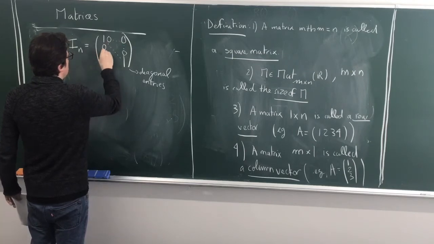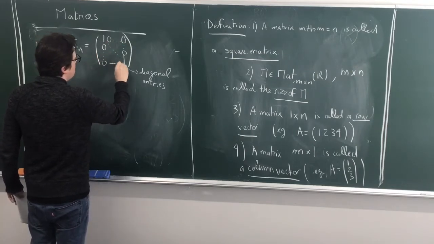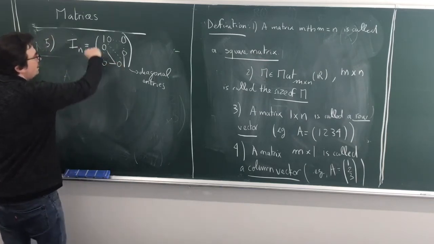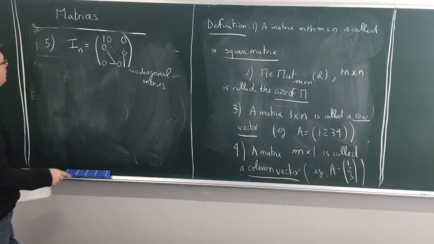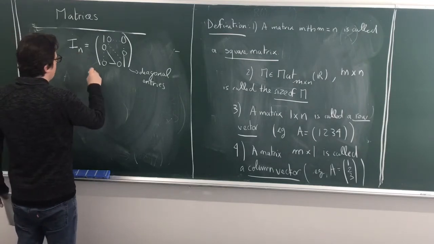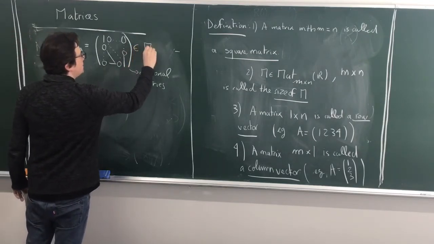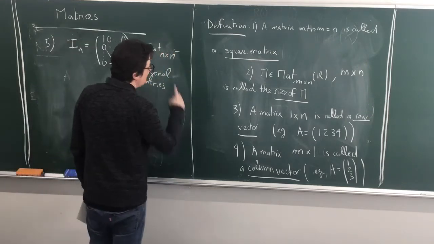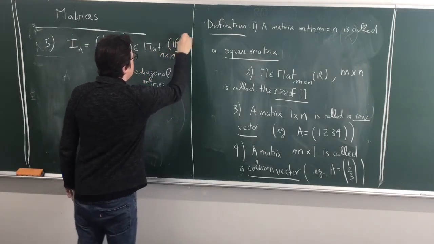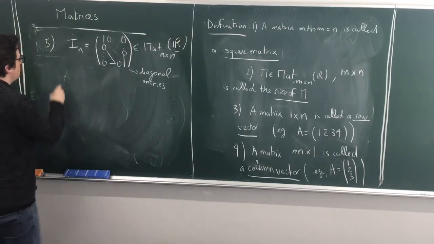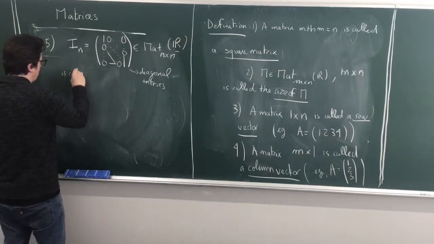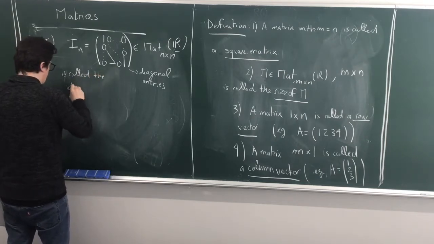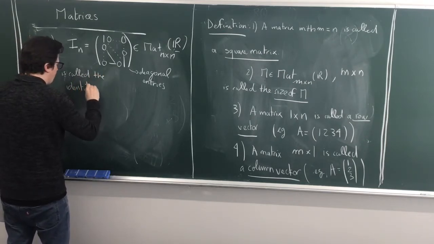So here we will have 0, 0, 0. So you put 1 on the diagonal and everywhere else 0. The n means that this matrix is an element of Mat n times n, so this matrix is a square matrix. This matrix is very special and it's called the identity matrix.